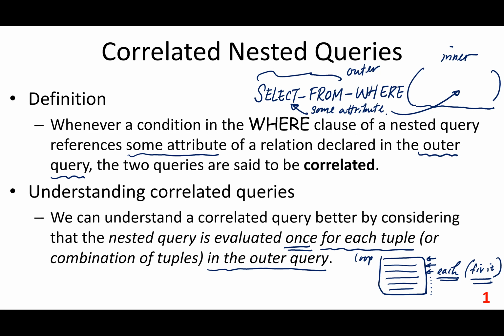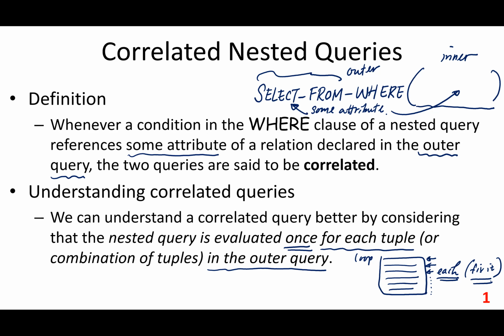So we start from the outer query, which should generate a list of tuples. The details we do not count yet, because we need to work with the inner query to finalize them.